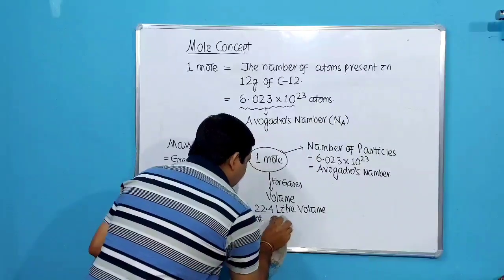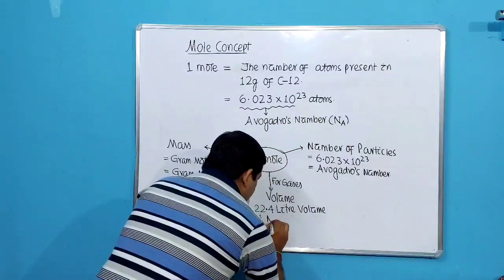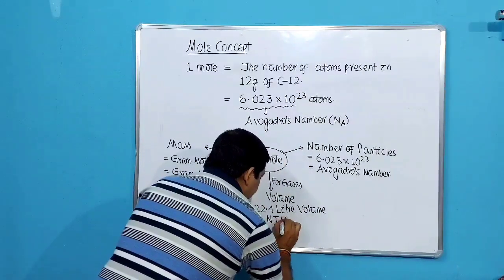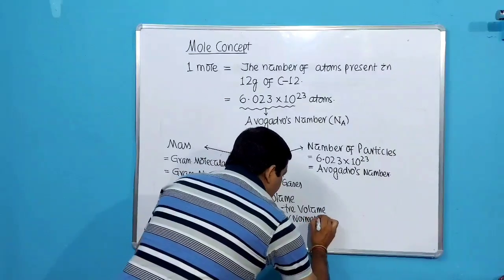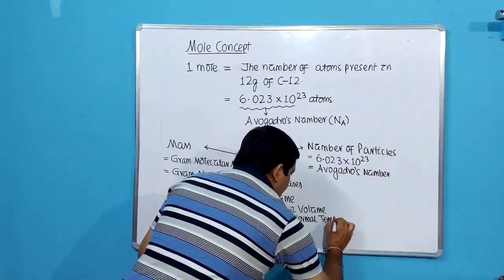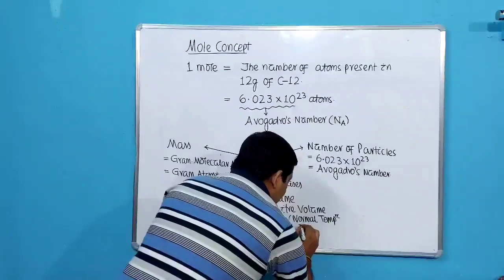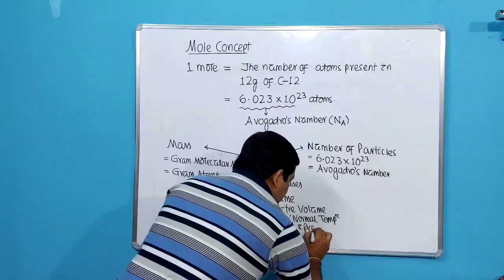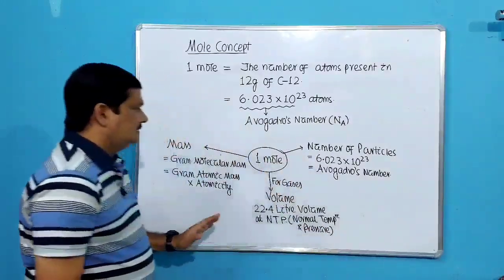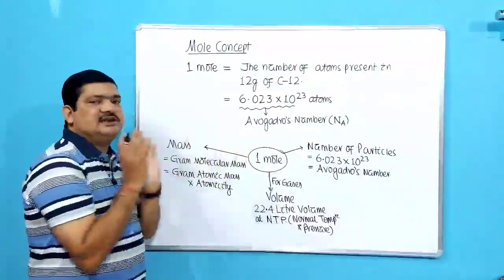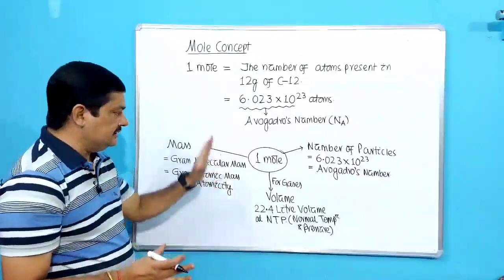It will be better for you: standard temperature and pressure, or normal temperature and pressure, NTP. It is the term used in your books, normal temperature and pressure. You have to remember these three forms, so that it will be easier for you to solve any numericals.